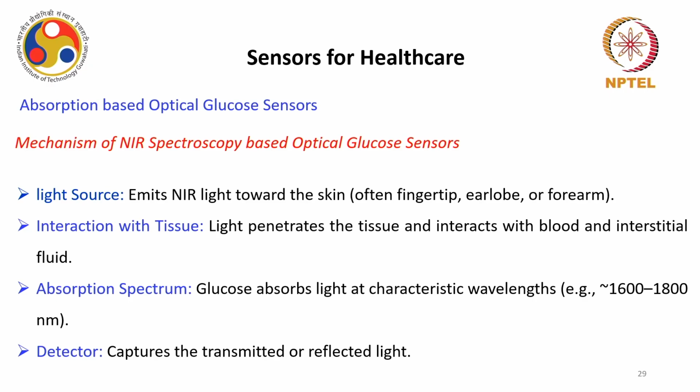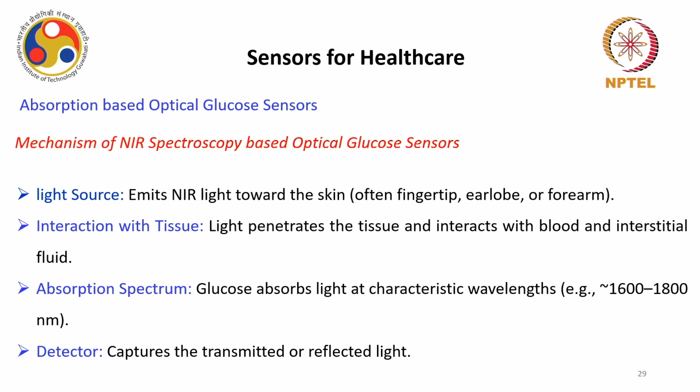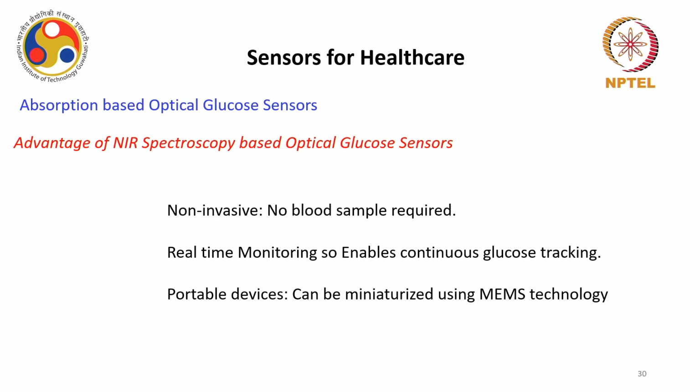Then you have the absorption spectrum where glucose absorbs light at a characteristic wavelength of about 1.6 to 1.8 micron, okay, and then you have a detector which captures the transmitted or the reflected light. Okay. So, this is how a basic NIR spectroscopy based glucose sensor works. It has a source, this source interacts with the tissue, there is absorption of the spectrum and then you detect the transmitted or reflected light.